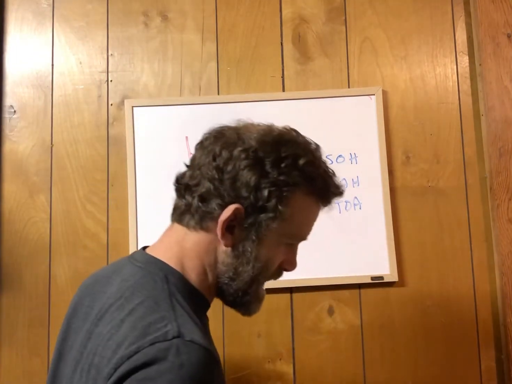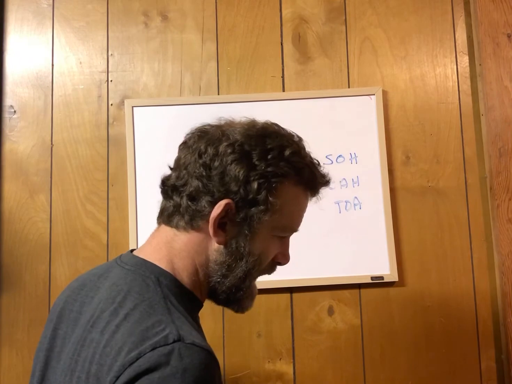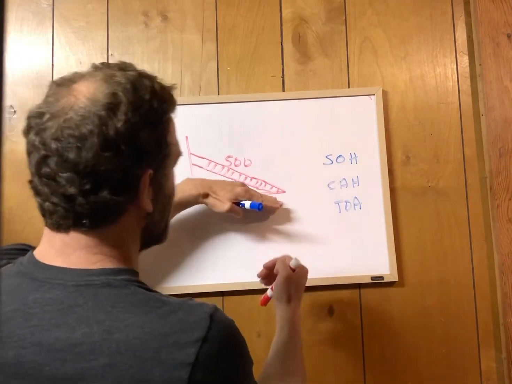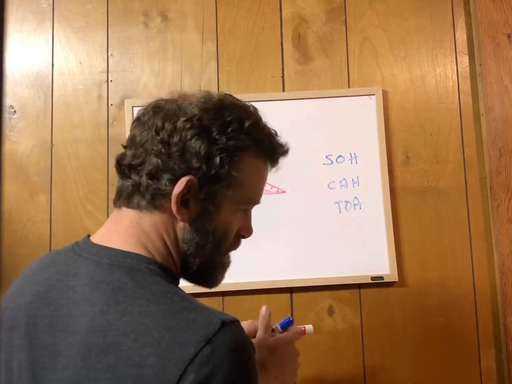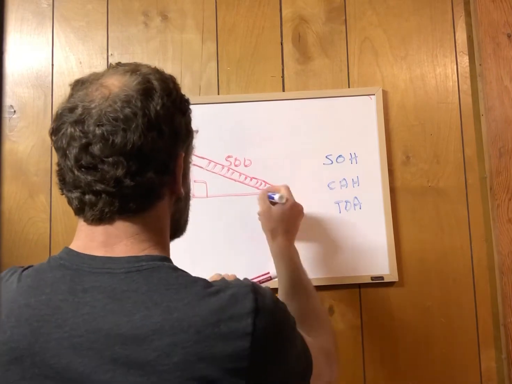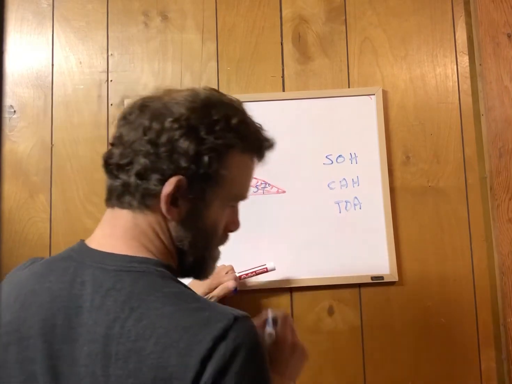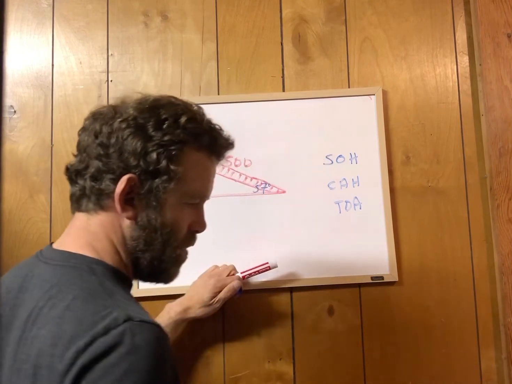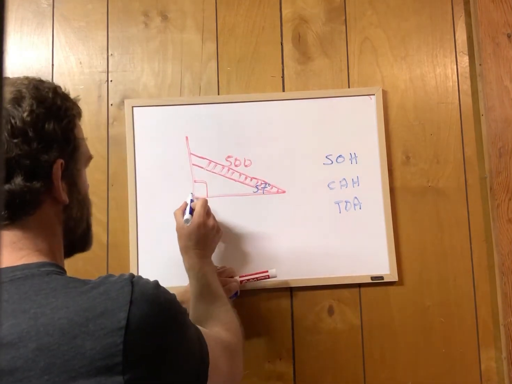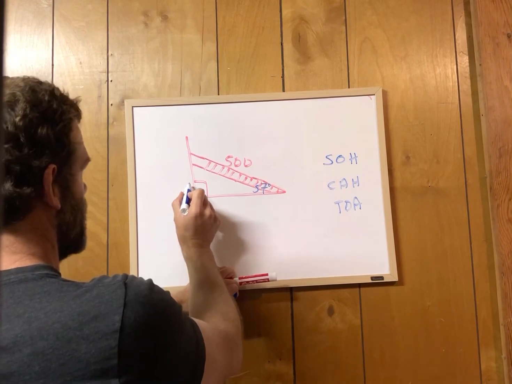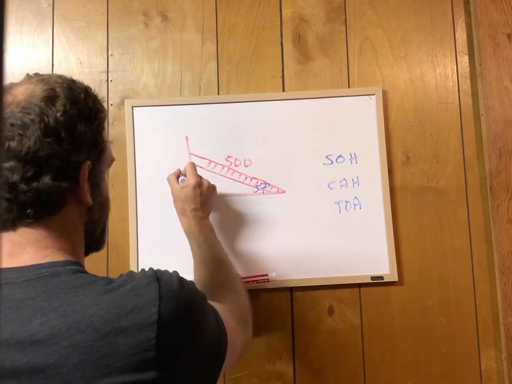And it says that if the angle between the ground and the ladder, this angle right here, is 57 degrees. How far from the wall is the bottom of the ladder? So here's the bottom of the ladder. Here's the wall. How far is the wall?